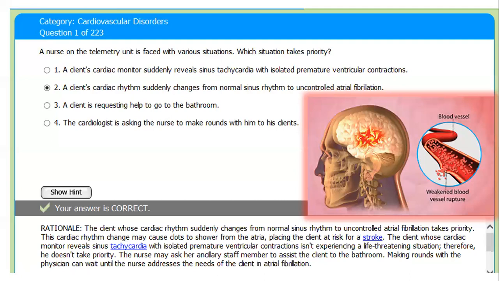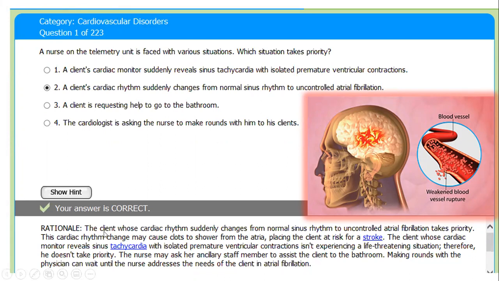So sinus rhythm changing to atrial fibrillation is a pathology. Atrial fibrillation is a disease of the heart characterized by an irregular and often faster heartbeat, faster than the upper normal limit. So you have to evaluate it.